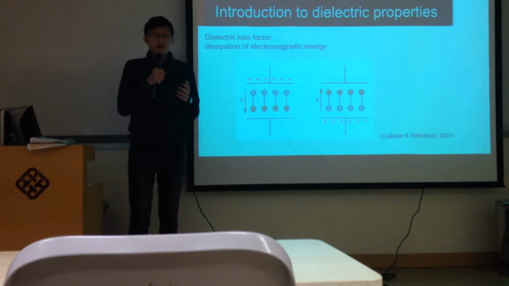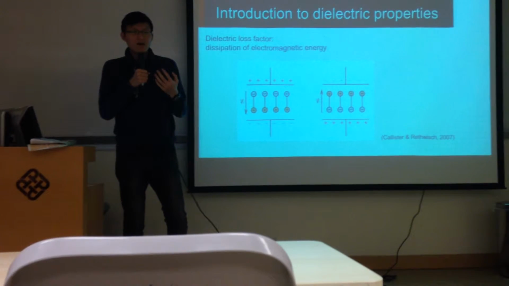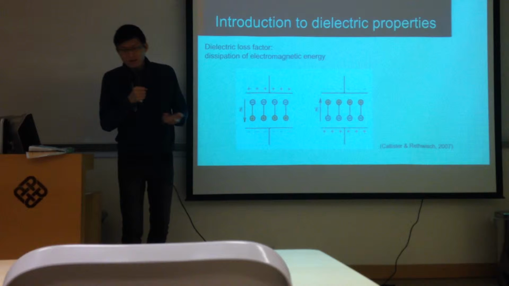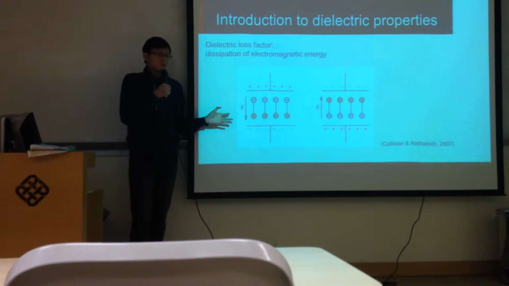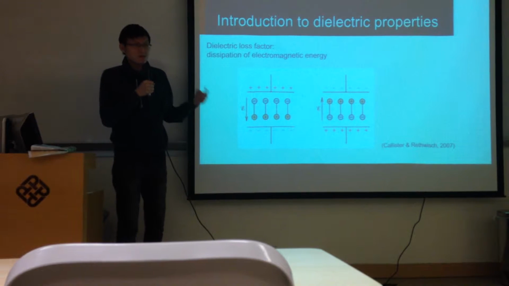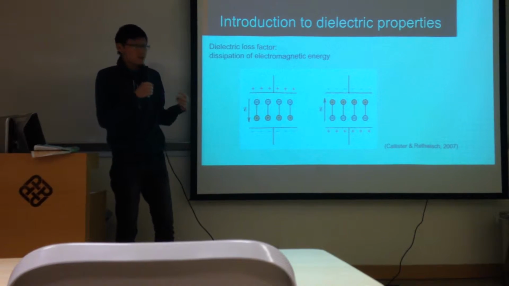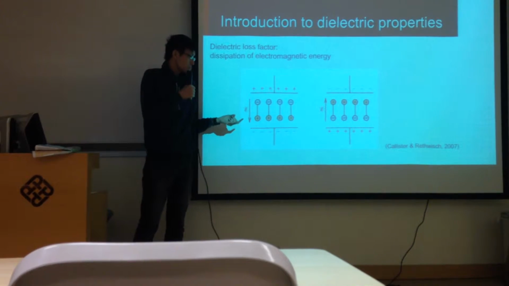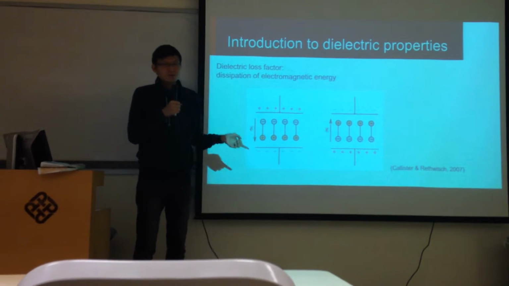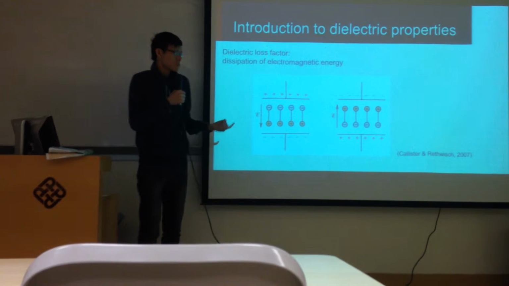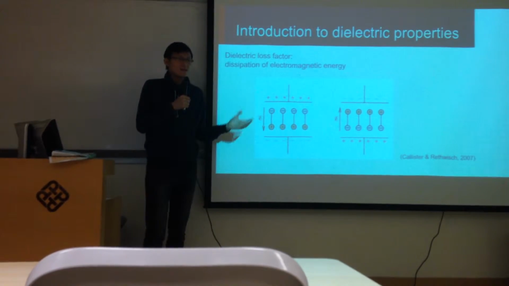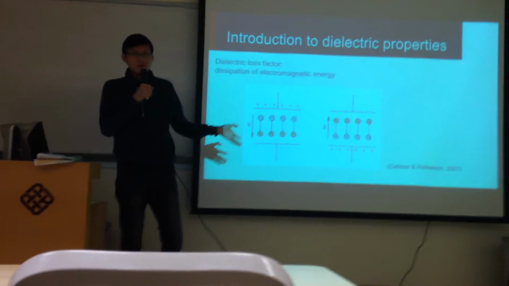So imagine if there is an alternating electric field. When there is an alternating electric field, the charges of the two metal plates would be changing constantly. So the dipoles would need to switch back and forth constantly in order to get aligned with the direction of the electric field.